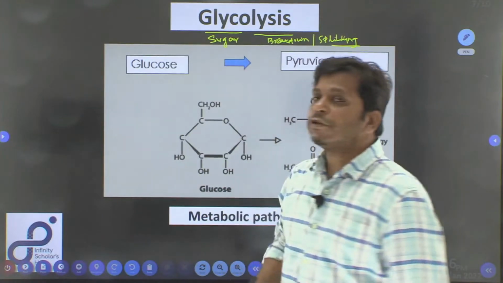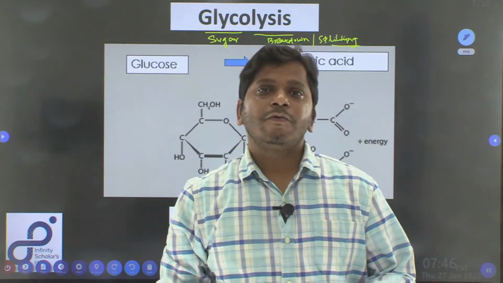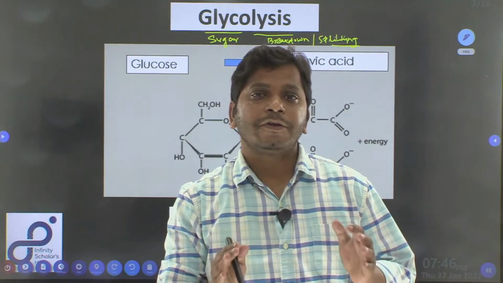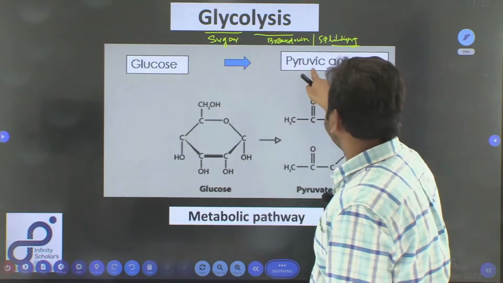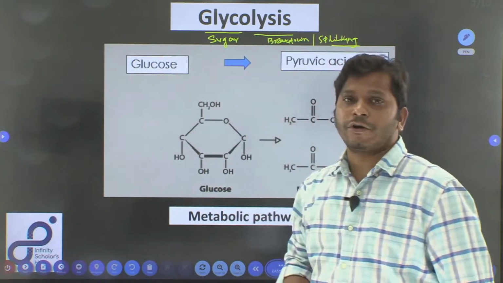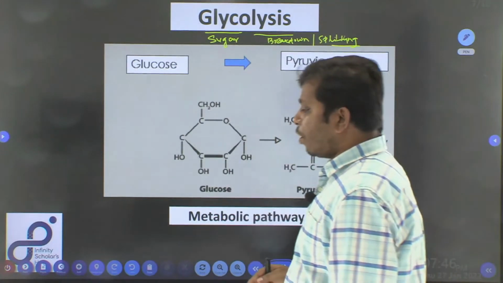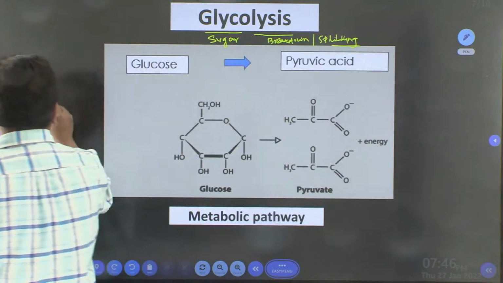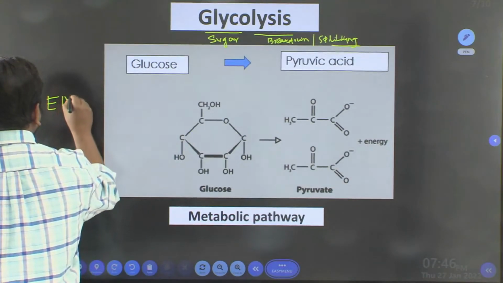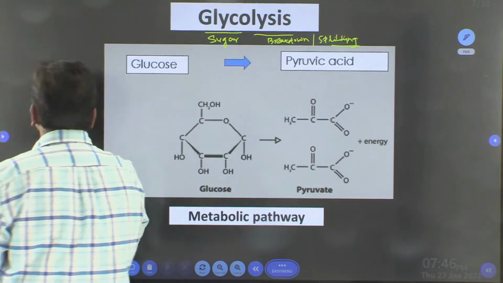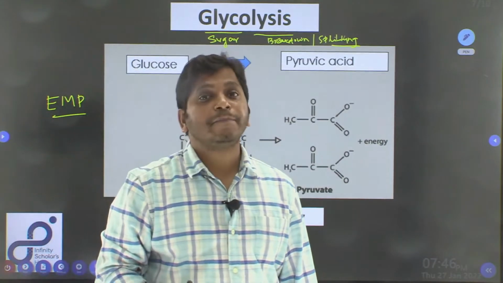So the process in which the glucose molecule is broken down into pyruvic acid, or splitting of glucose, is called glycolysis. This pathway is also called the EMP pathway, according to the names of its discoverers, Embden, Meyerhof, and Parnas.